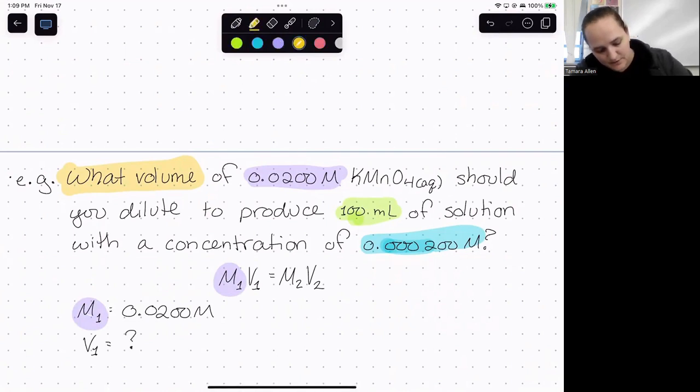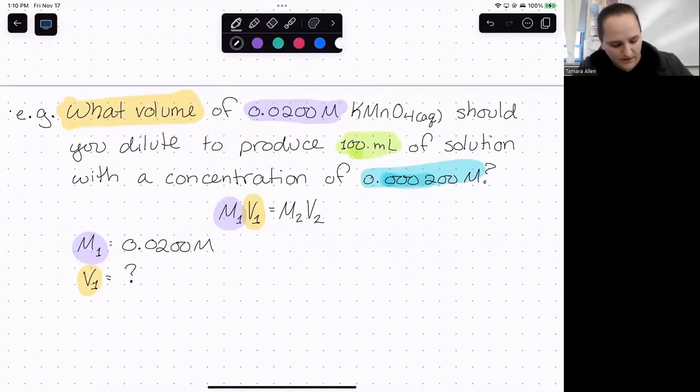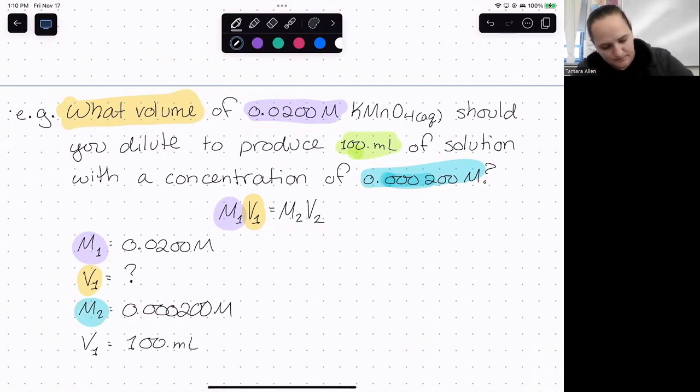So that is our end goal, is to find what volume do I need to start with and ultimately dilute to get my final solution. The molarity I'm looking to end up with is this. And the volume I'm looking to end up with is 100 milliliters.